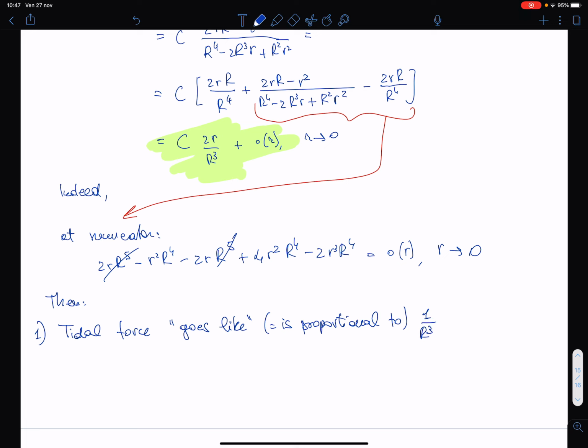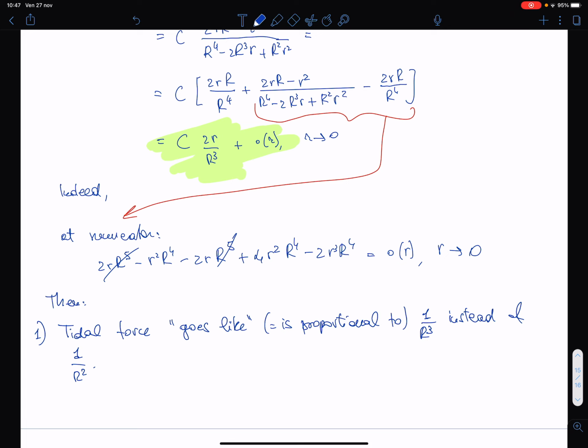So with the inverse of the cube of the distance between Moon and Earth, instead of 1 over r squared. Okay?